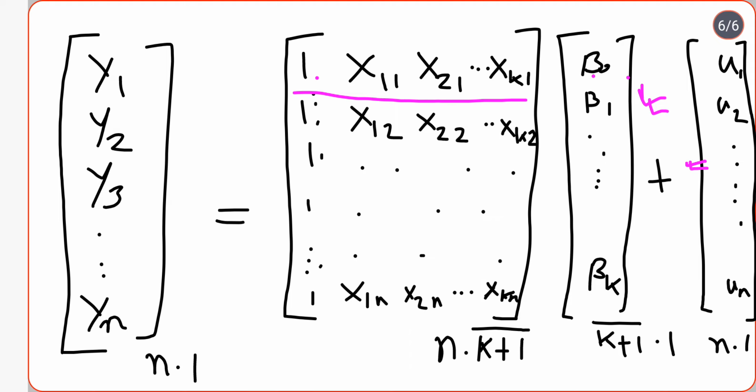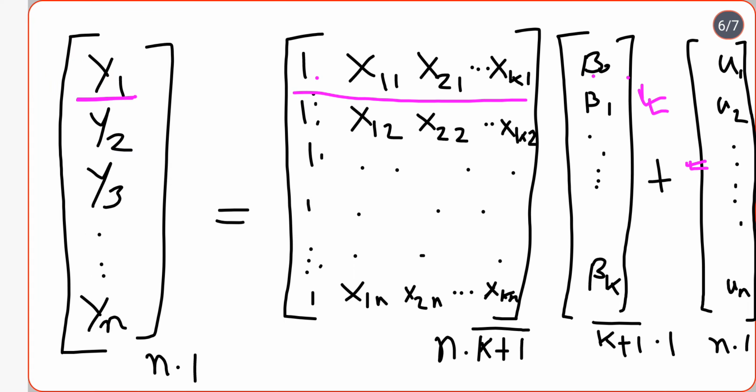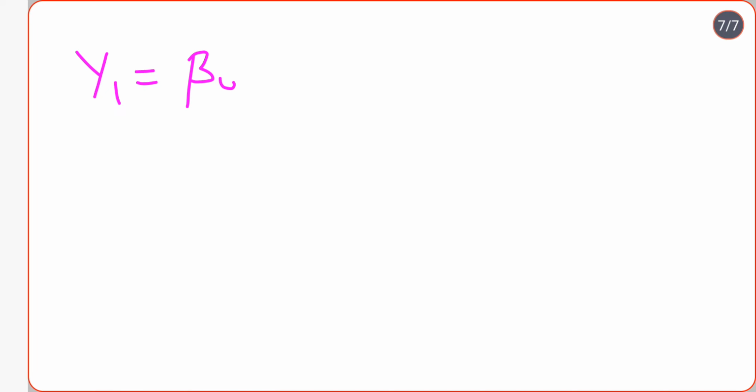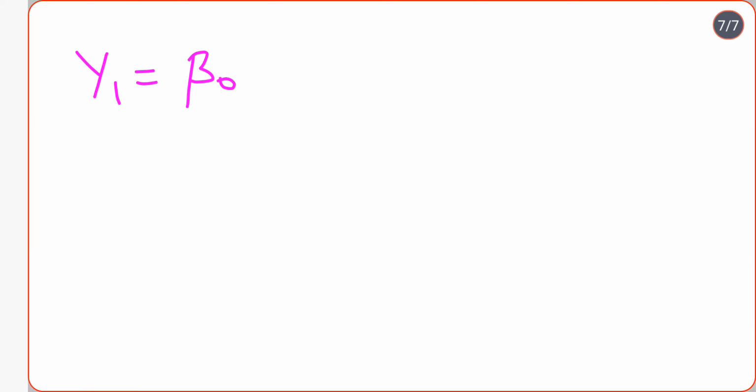If I write that equation, y1 will be taken from here, and y1 will be equal to this 1 multiplied with beta 0, so you will get only beta 0. Then this x11 will be multiplied with beta 1, and we have an addition of it: beta 1 x11.